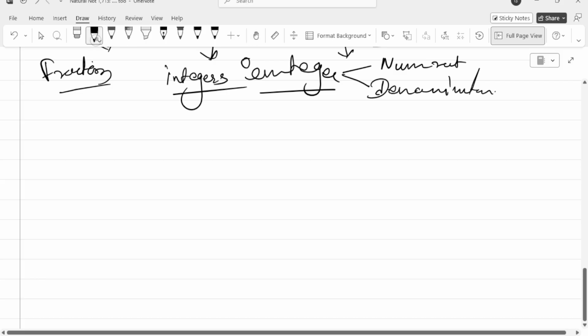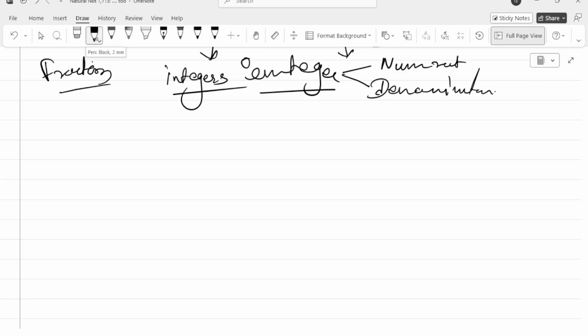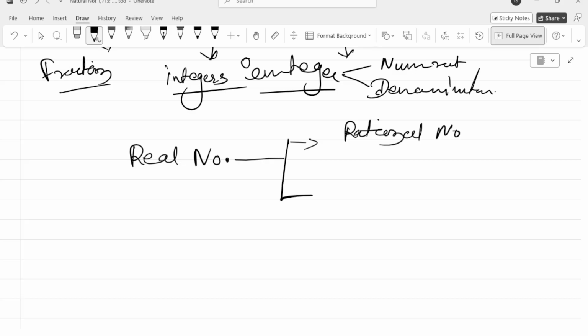Now, rational numbers and irrational numbers together we call real numbers.